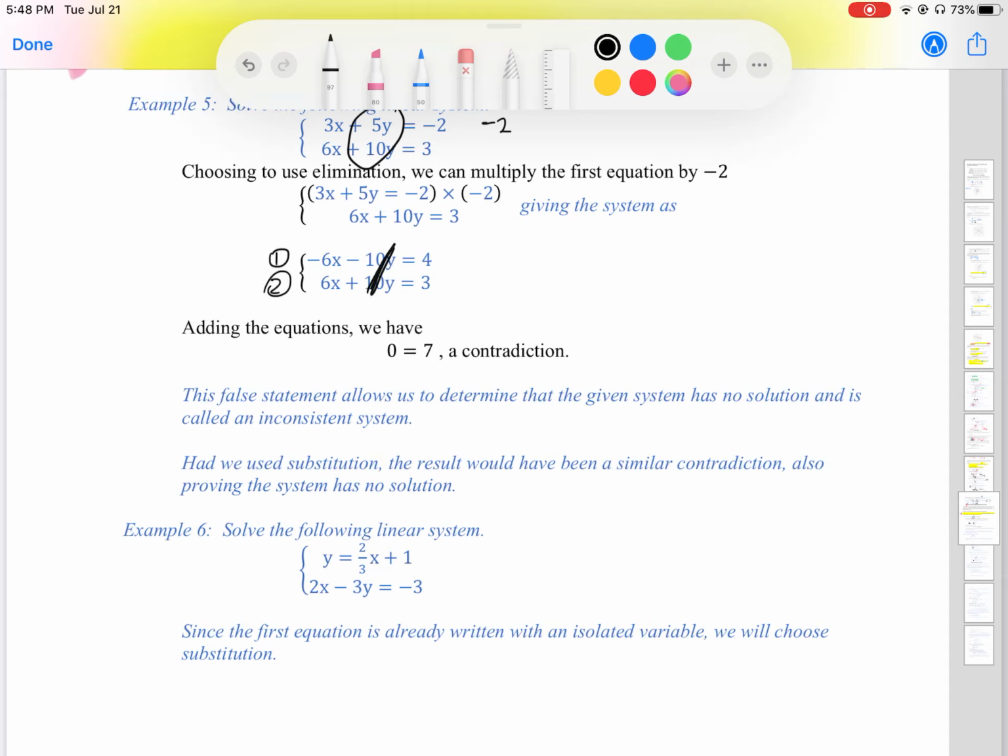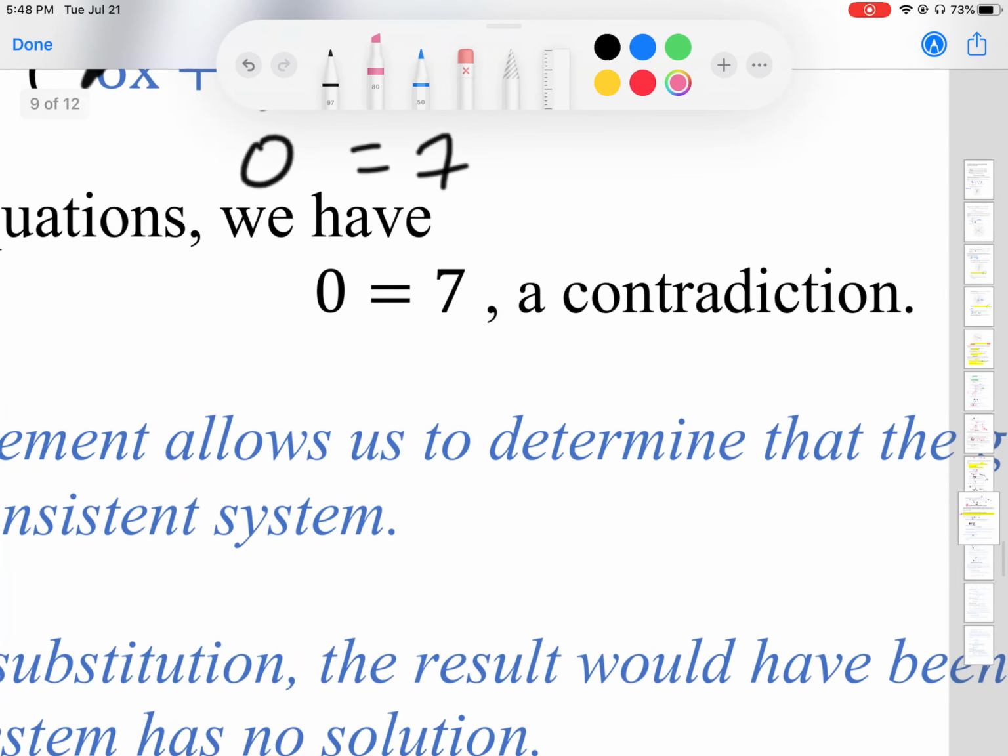My 10s are gone, and we're left with -6 plus 6. Oh, it so happens that my 6's are gone too. So we're left with 0. And on the other side, I'm left with 7. So we're left with a statement. Is 0 equal to 7? No. 0 is never equal to 7.